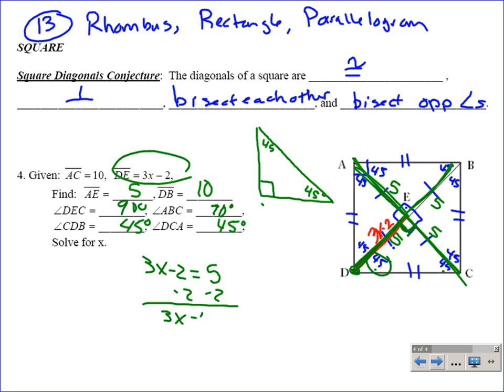Adding 2. So 3x equals 7. Okay. What does that mean? That is not 7.